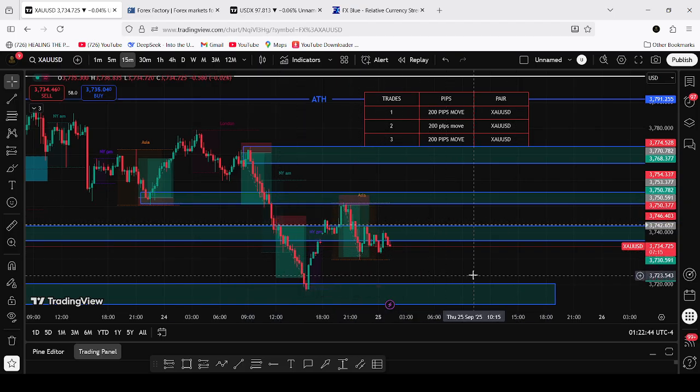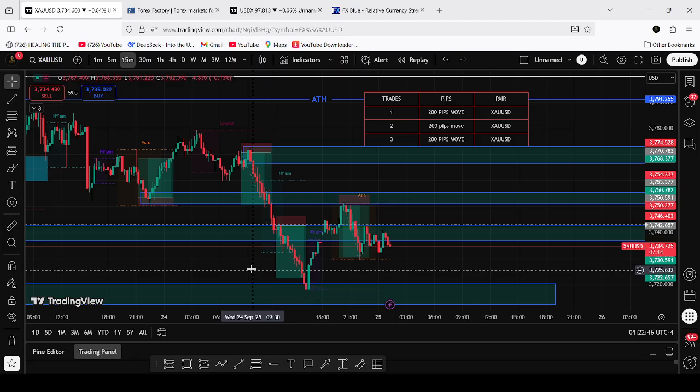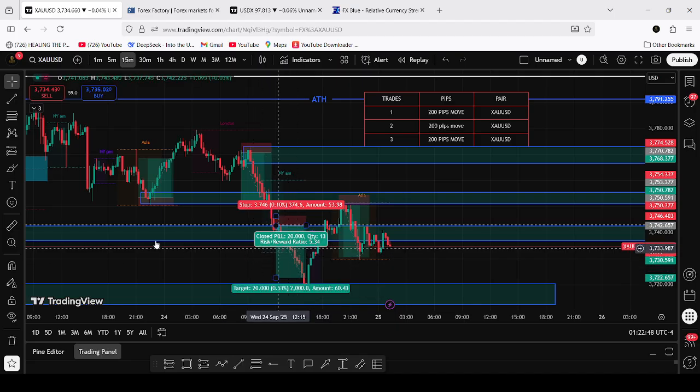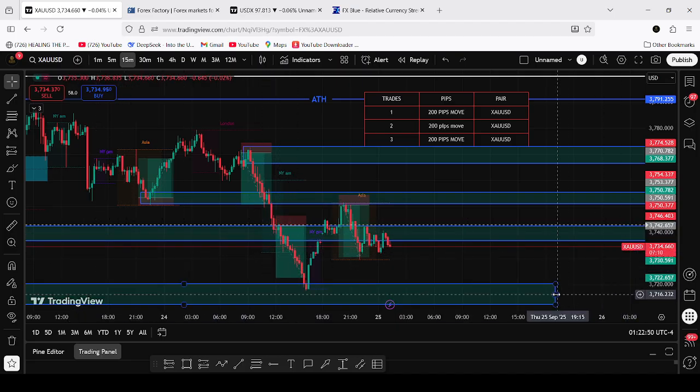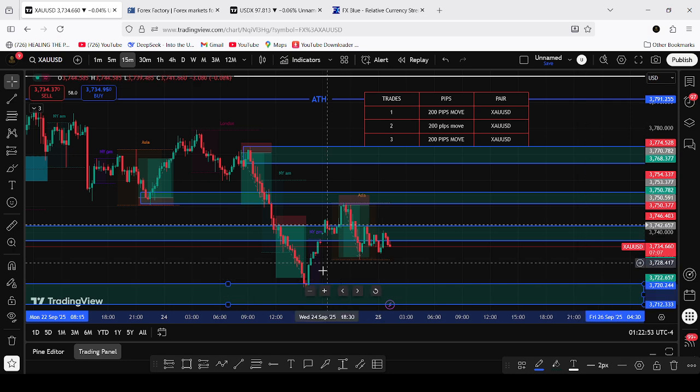So for me, I'm waiting for this market today to continue bearish. I'm waiting for the market to come and break this order block. It has already tested this order block. We have two scenarios.